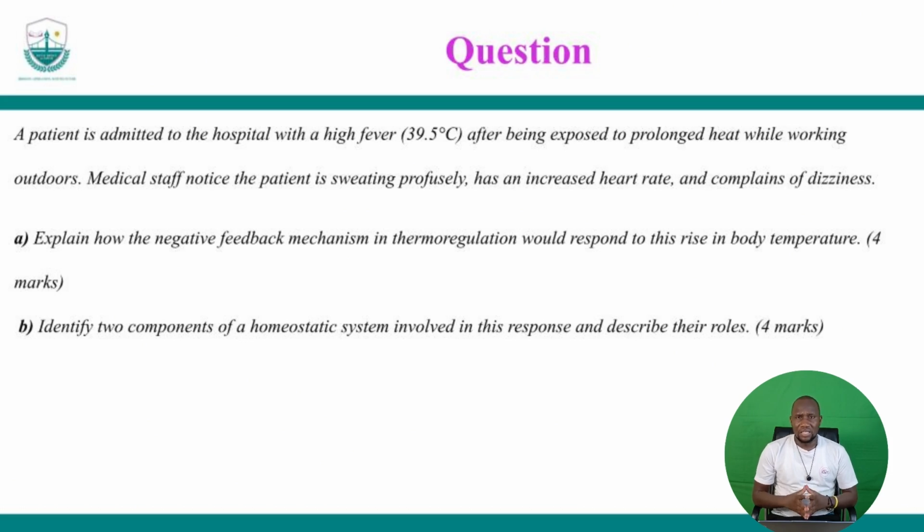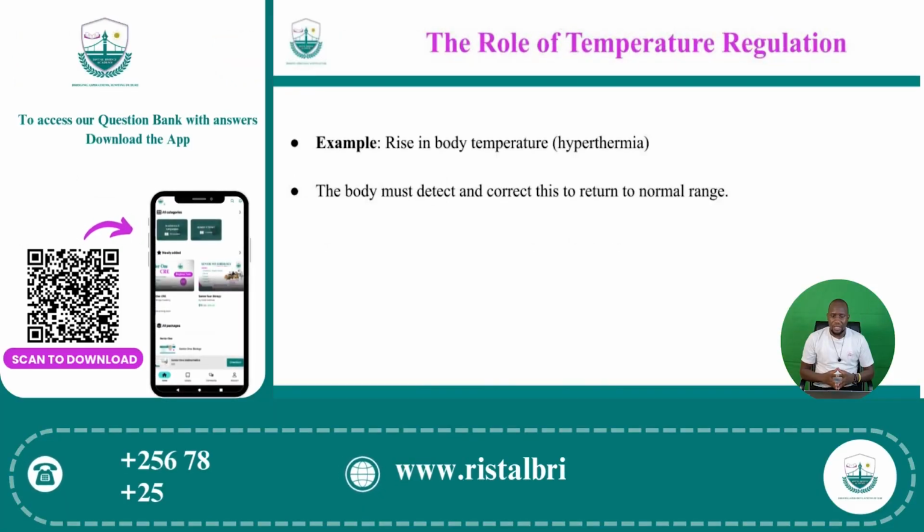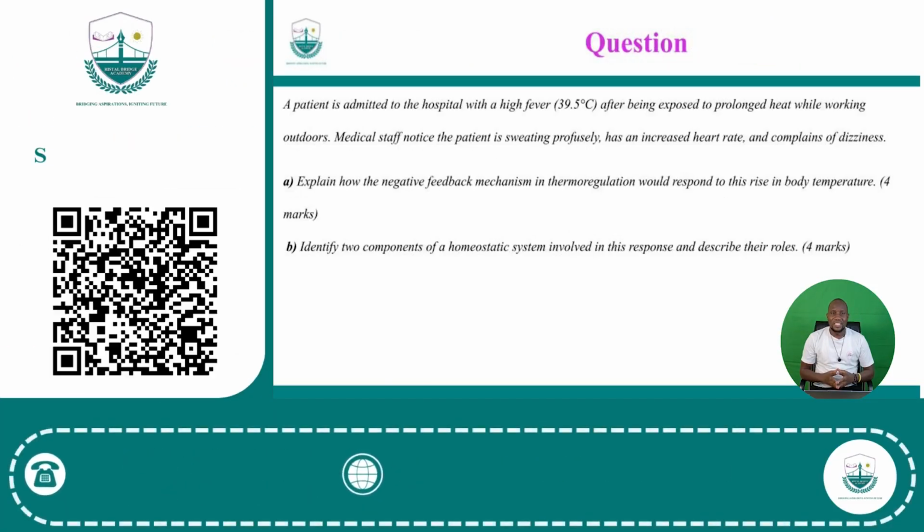So the body temperature is very high. The body notices that there is an increase in body temperature, and then tries to bring it to the normal range by instituting different mechanisms, including the things that we see in this patient, like sweating.